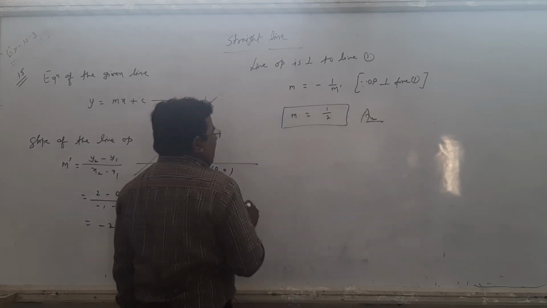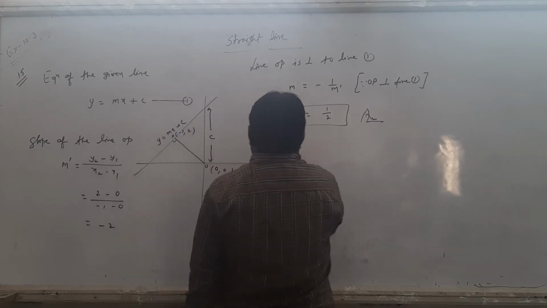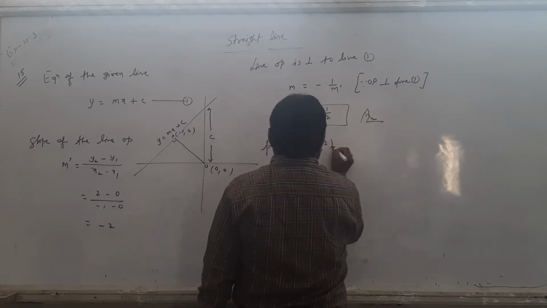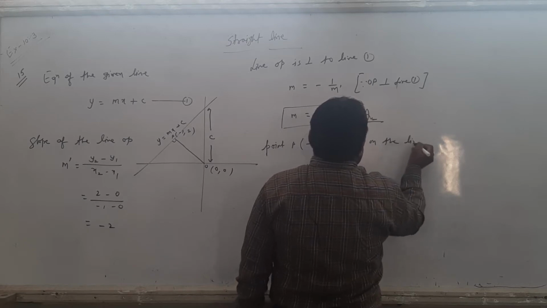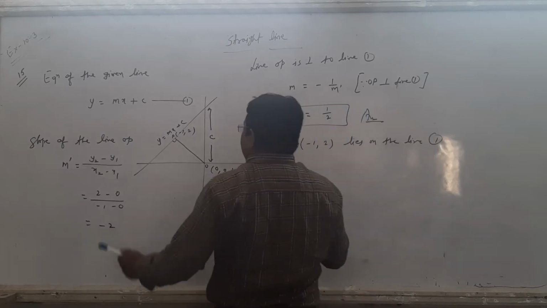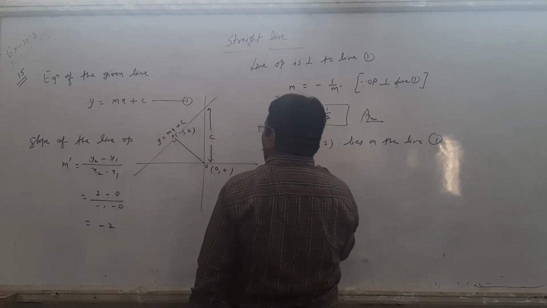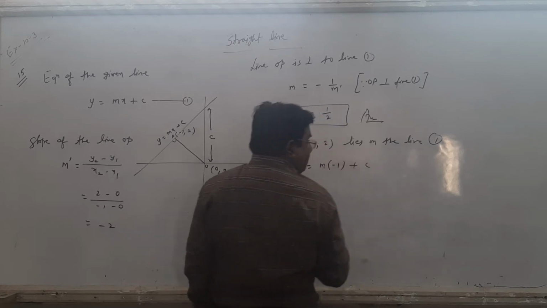Now the second answer, find the value of c. Student, point P lies on the given line. Now point P coordinate is minus 1, 2, which lies on the line. That means x coordinate is minus 1, y coordinate is 2. So y is 2, m as it is, and x is minus 1, plus c.